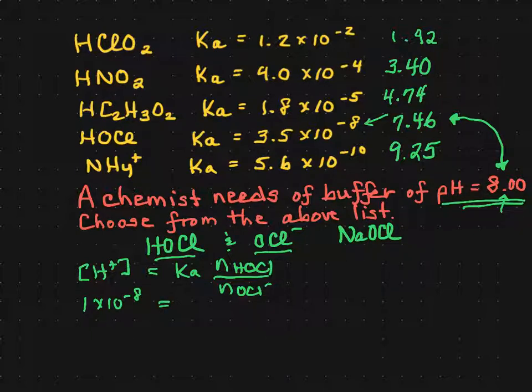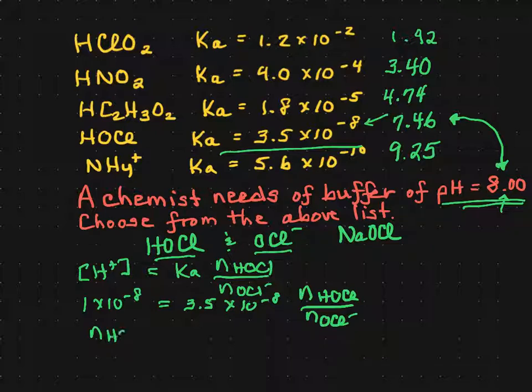We plug in our Ka for HOCl, 3.5 times 10 to the minus 8. And then what we're going to solve for is this ratio of moles of acid to moles of base. If we solve for that ratio, it comes out to be 0.29, or 0.29 to 1.